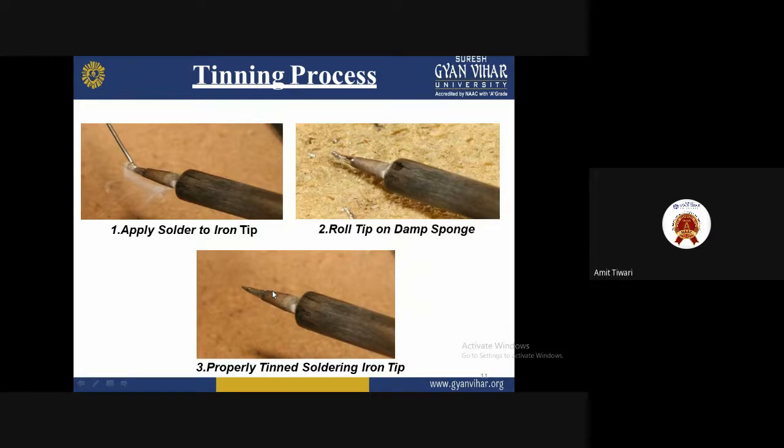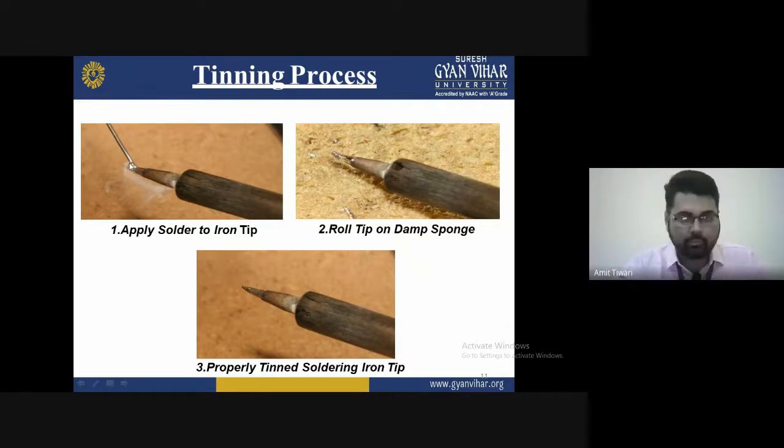So when you are doing machining, before machining, you just clean the surface area, or during the time of a metal joining process with the help of soldering, just keep in mind these process parameters are very easy to understand. You just apply the solder to the iron tip, because the iron tip has been heated to 400 degrees Celsius.